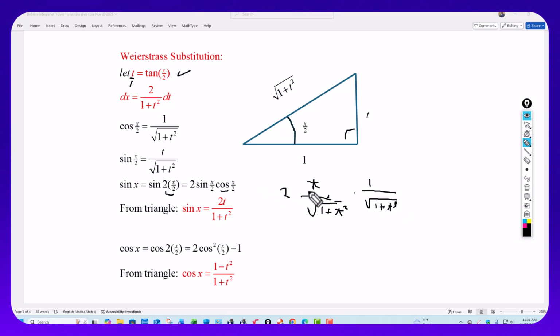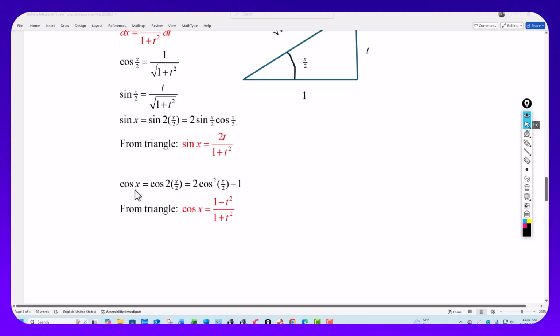Let's multiply: 2 times t times 1 gives me the 2t here. The square root of 1 plus t squared times the square root of 1 plus t squared, the radicals cancel, and I get 1 plus t squared.